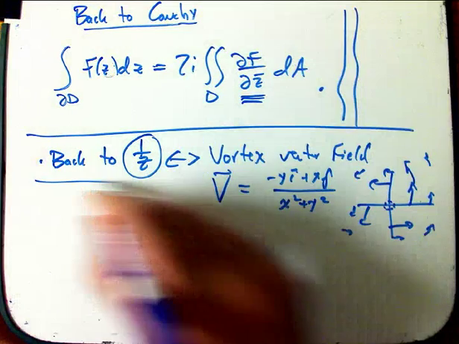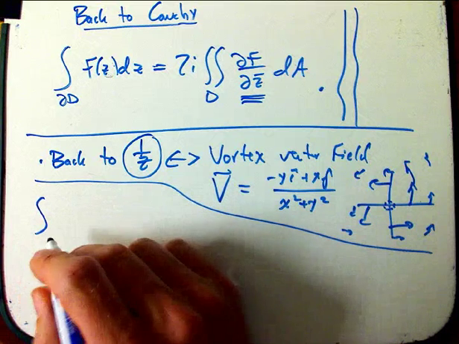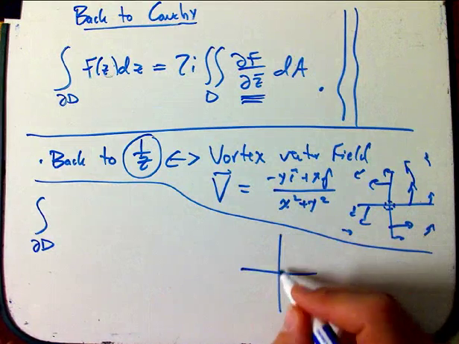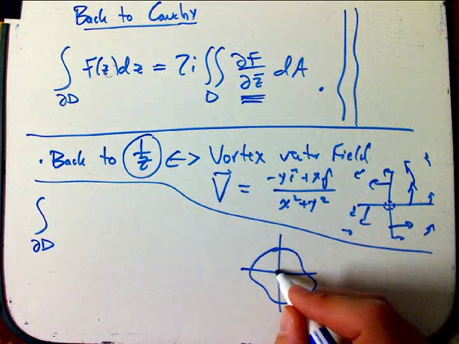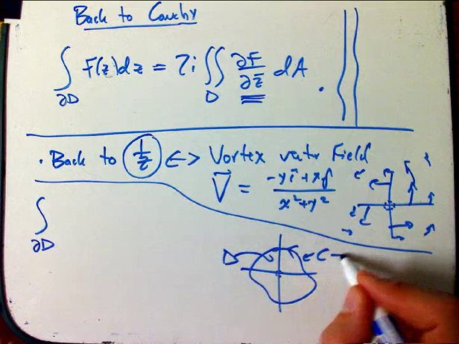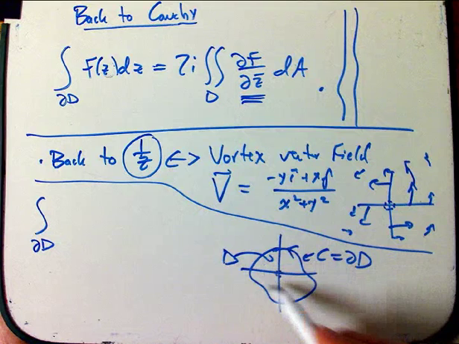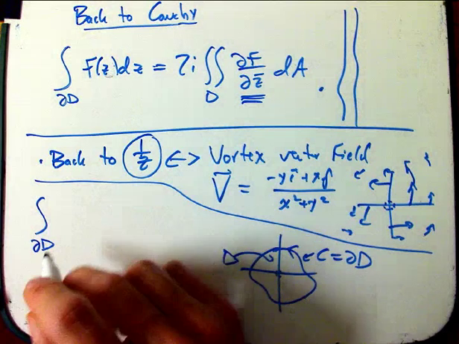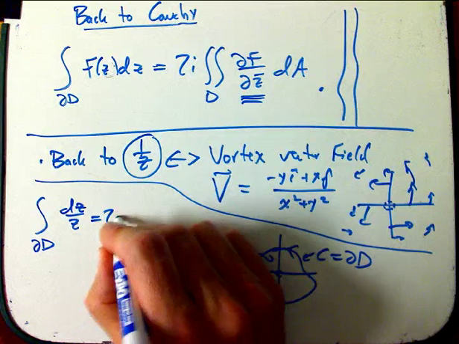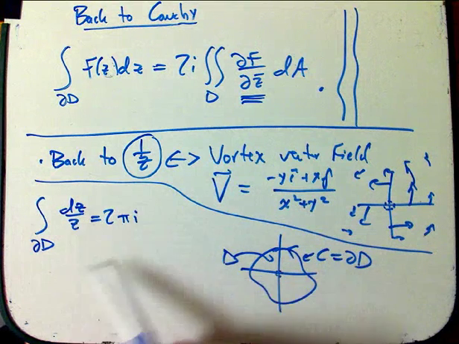Let's look at any simple region including the origin. So here's D, and here's C, which is the boundary of D, any curve enclosing the origin just once, and this is a nice region that actually contains the origin. We know this integral, we calculated this already, it was 2 pi i. And that's this whole thing about winding number and index.